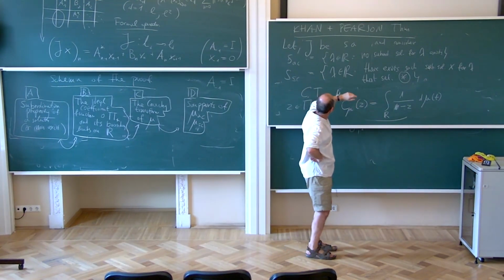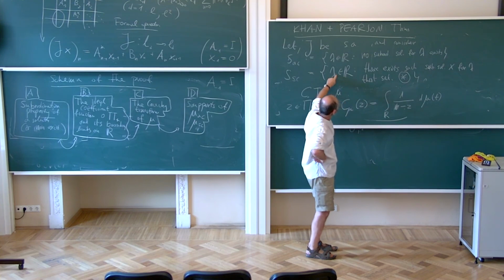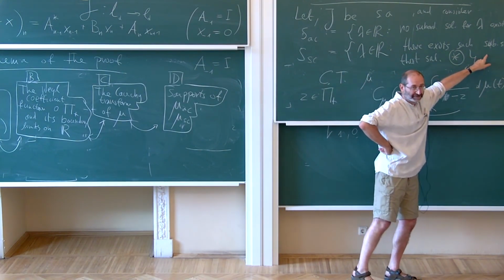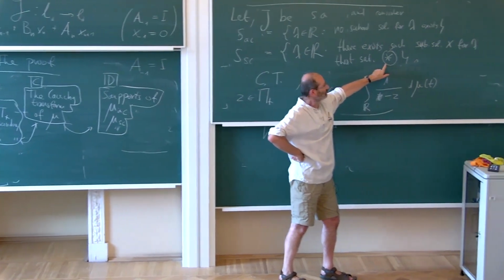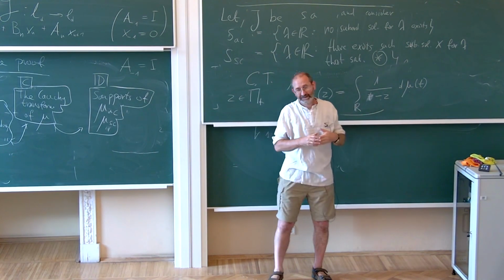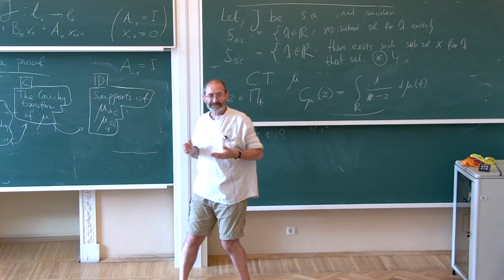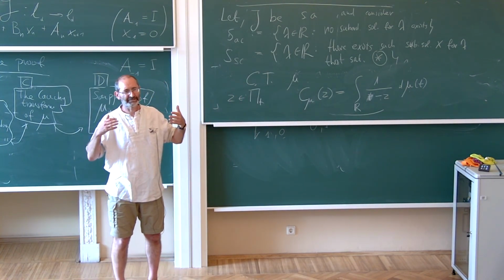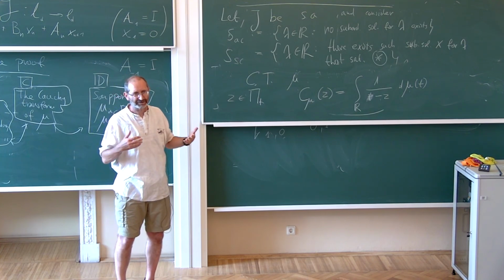So I obtain the set of such lambdas where there exists a subordinated solution which does not satisfy this condition. It can be a large set, but the spectral measure of this is 0.